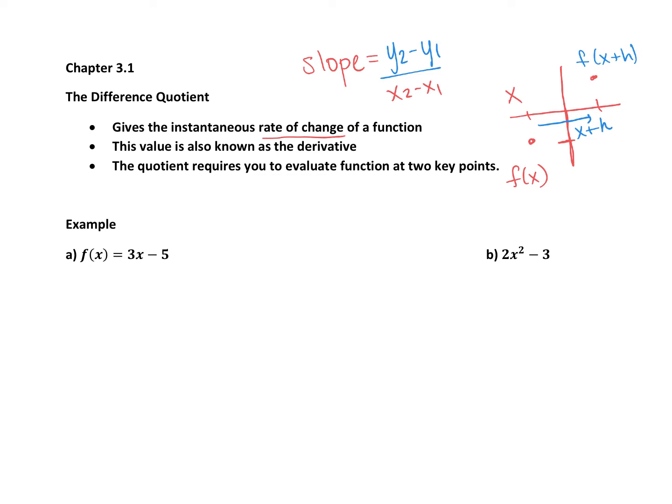In this particular case, our point here is the x2, y2, and this point right here is our original x1, y1. Now, if I'm using function notation, we call this y1 f of x.